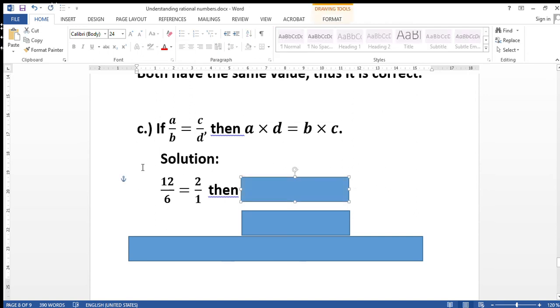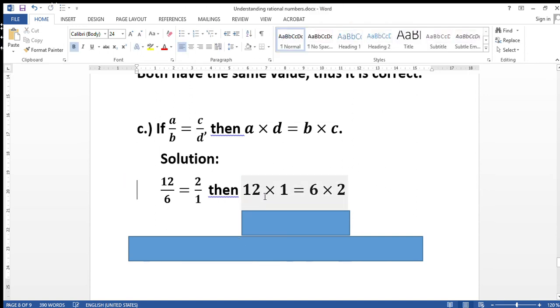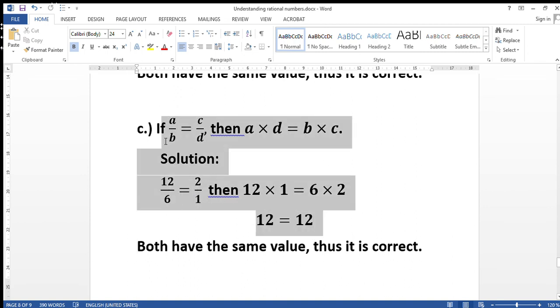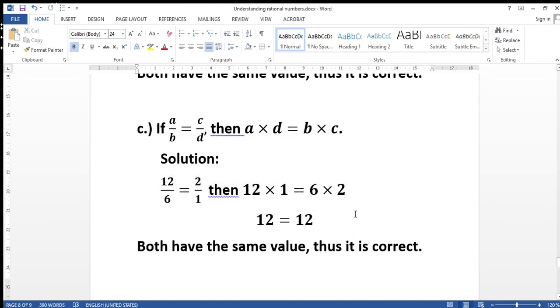So 12 times 1 equals 6 times 2. 12 times 1 is 12, 6 times 2 is equal to 12. So both have the same value, thus it is correct. Remember the question, we just need to verify that these variables and the numbers here are correct. So this part is correct.